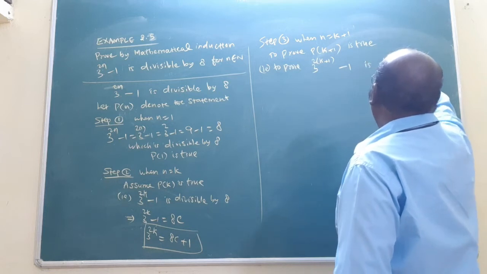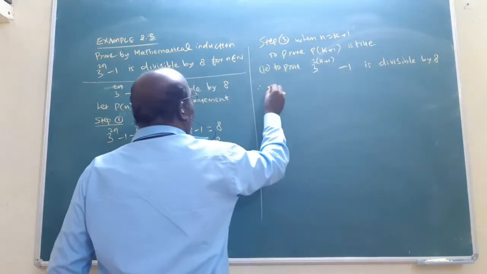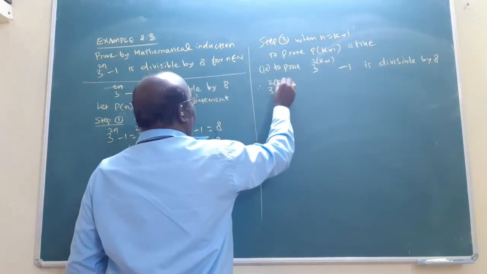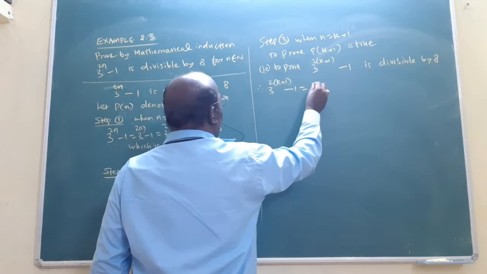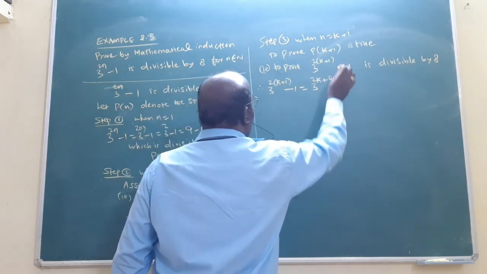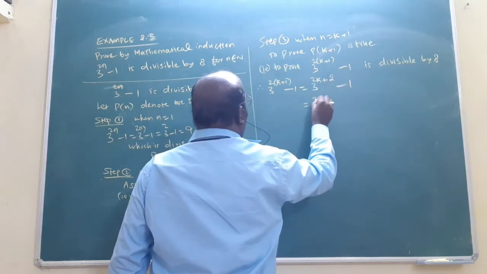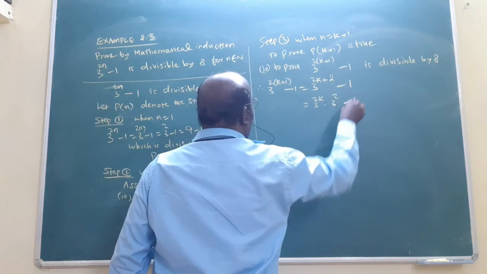This only you want to prove. Am I right? Now start with this one. Therefore 3 power 2 into k plus 1 minus 1 is equal to 3 power 2k plus 2 minus 1. Am I right? This can be 3 power 2k into 3 square minus 1.